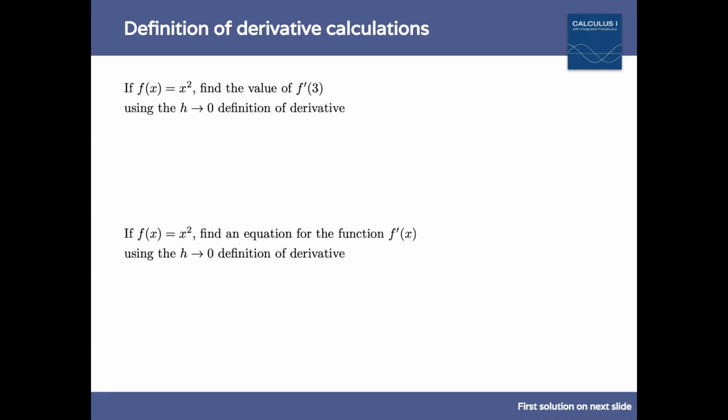You said factor, but I think I can multiply out first before I can cancel anything. So I'm going to get 9 plus 6h plus h squared minus 9 over h. Any cancellation? Yes, the 9s.